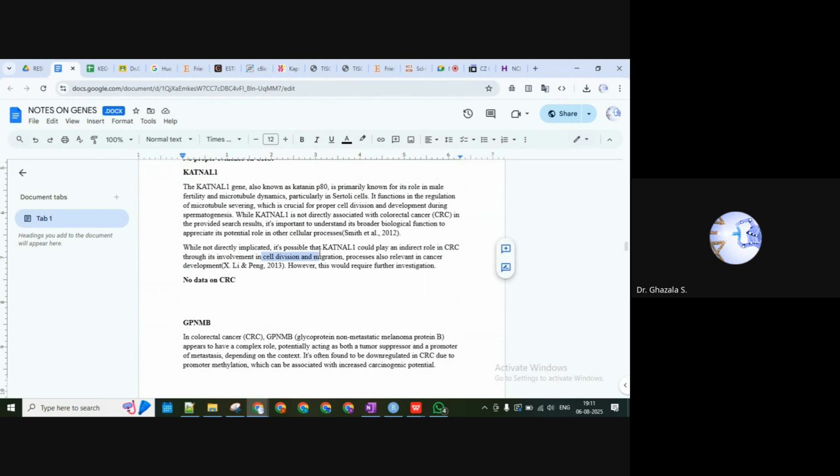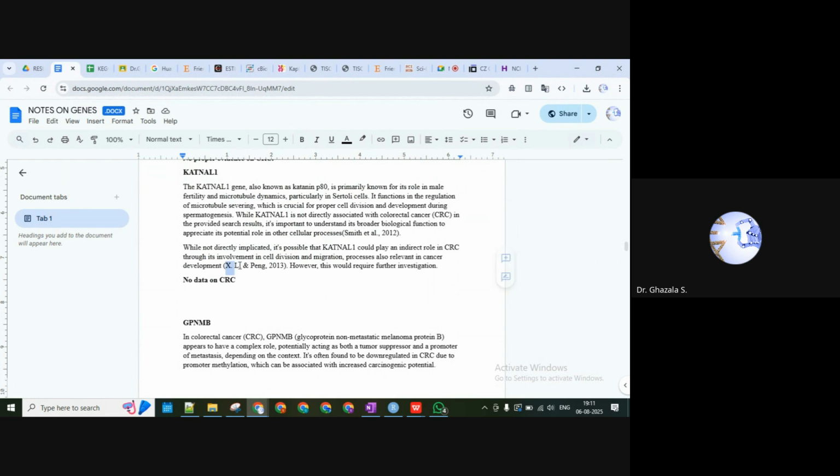So this is mentioned in the paper, right? Yes, the whole statement. They have mentioned these biological activities and processes as also relevant in cancer development, as stated in the specific paper. So you need to also go through this paper, because in it they might have discussed the role of this particular gene in CRC.